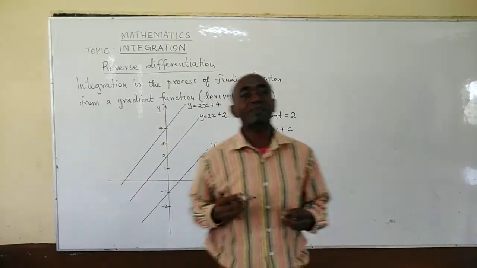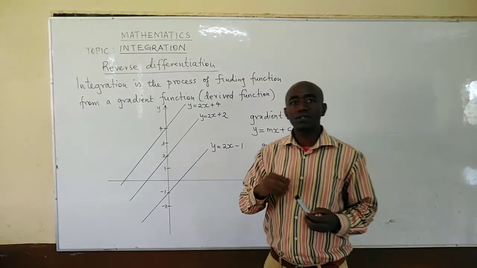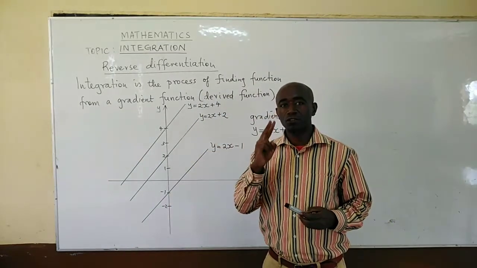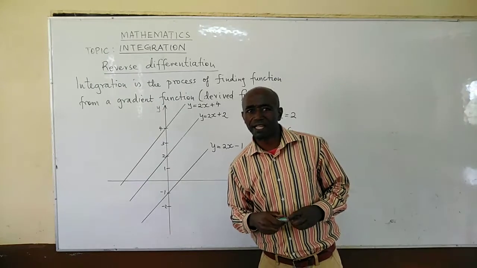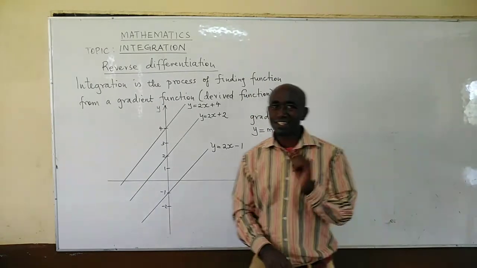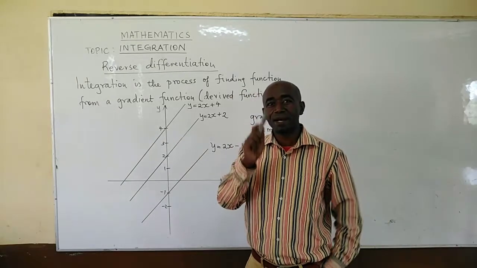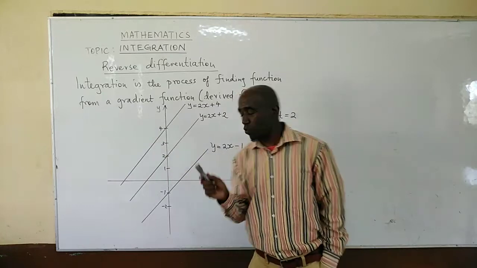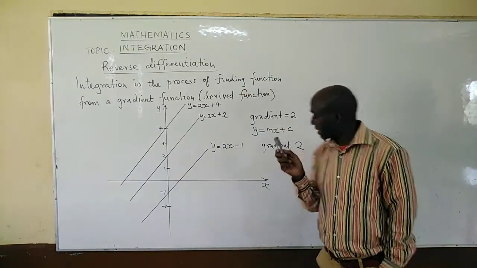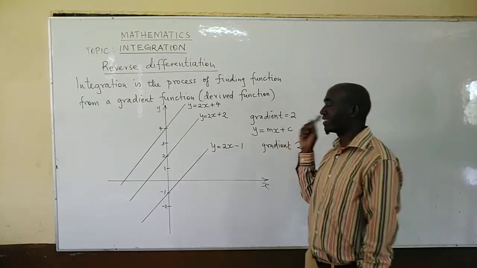What will be your answer, my dear learner? You can get very many answers for that question because you don't know where the line passes the y-axis. By just being given the gradient, you will not be able to know the y-intercept.